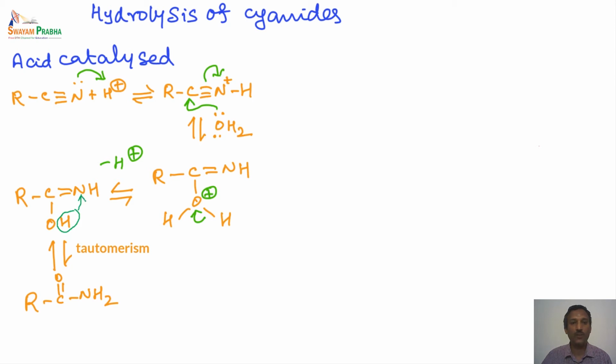This is a tautomerizing reaction. Simply, the nitrogen's bond shifts towards the oxygen: the proton is shifted to the nitrogen and the bonded electrons are shifted to the bond between carbon and oxygen. So what we end up with is an amide unit. This is how the cyanide is first hydrolyzed to the corresponding amide.